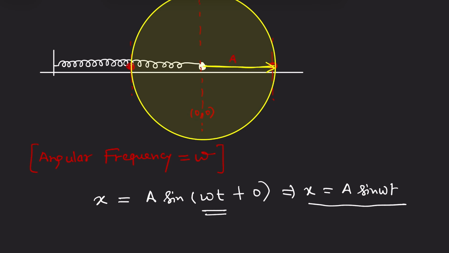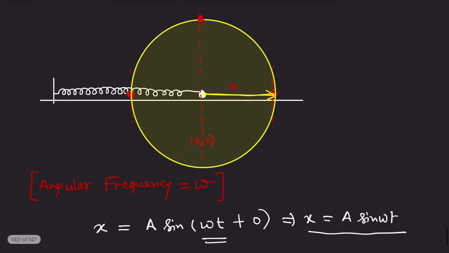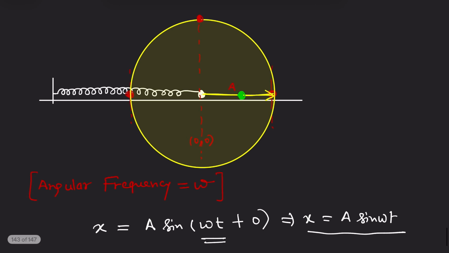So if I show you that in the t time, let's say the particle has gone to this new position here. So this will be a sine omega t.